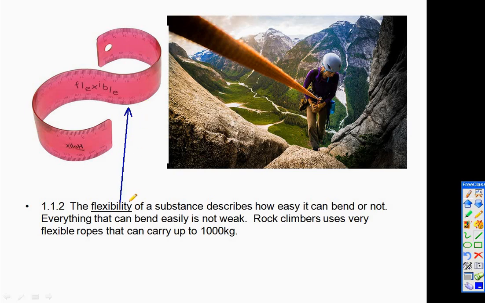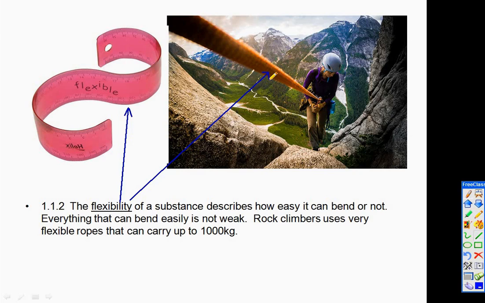So we know that mountain climbers or rock climbers use a material that is made from nylon. Nylon is a synthetic material that was made by people. It is a very flexible material. It can go around the bends.